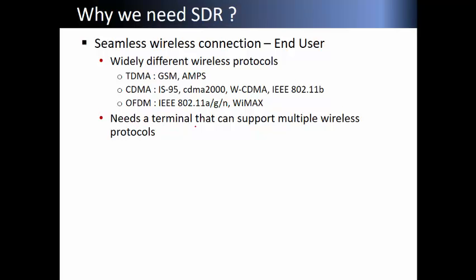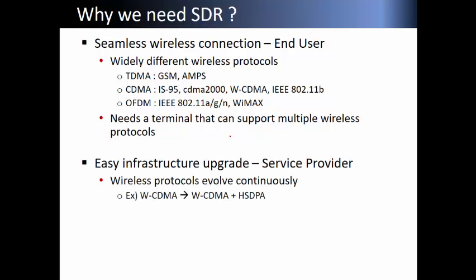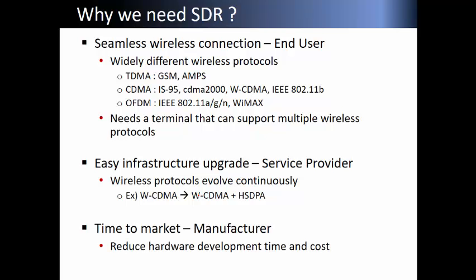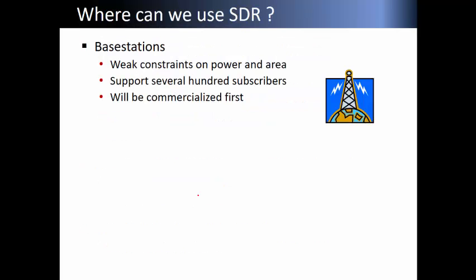And this technology can support the multiple wireless protocols. And also, it can give us easy infrastructure upgrade by coding, right? Wireless protocols evolve continually, in the current and future, right?